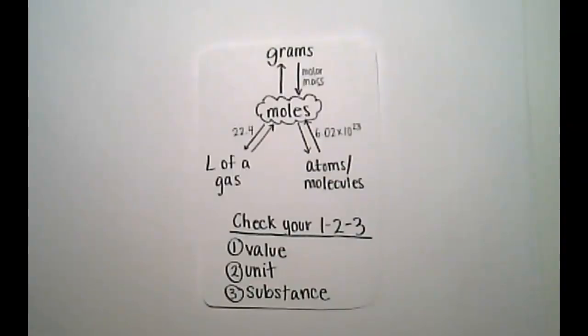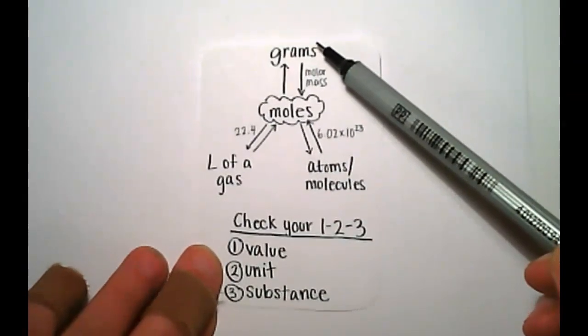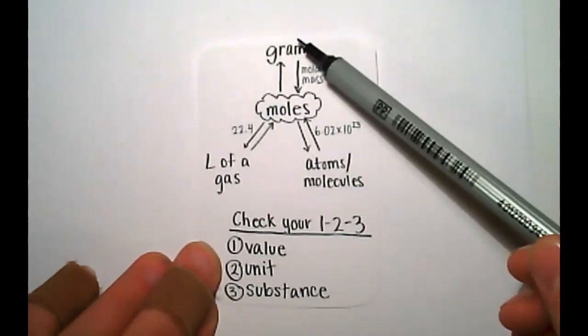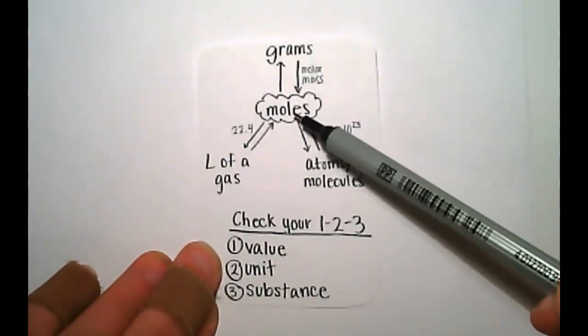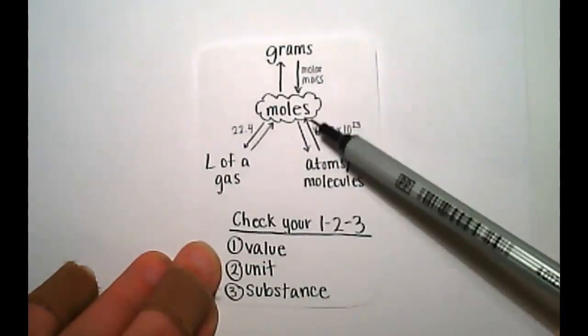So the trickiest part about doing mole conversions is knowing where to go next. So this little chart here is useful for helping you make decisions about what conversion factor you need to use to make your conversion. So for instance, if you were given grams of something, then you first need to convert that into moles. And then once you have it in moles, you can go to either liters or atoms.